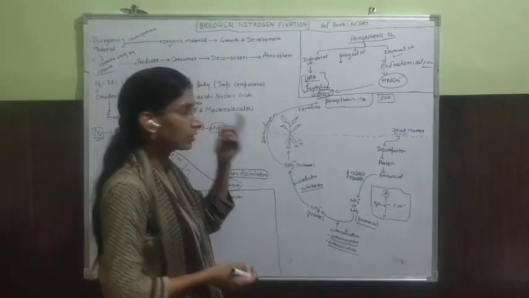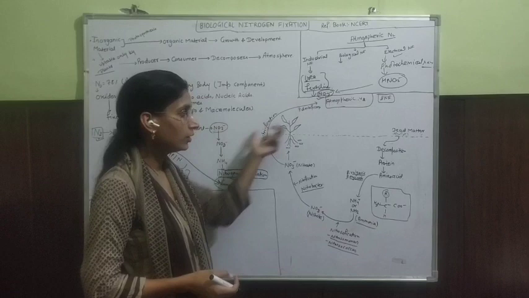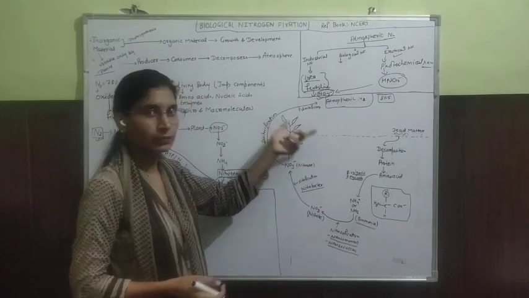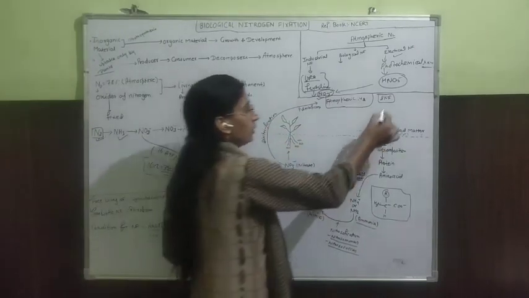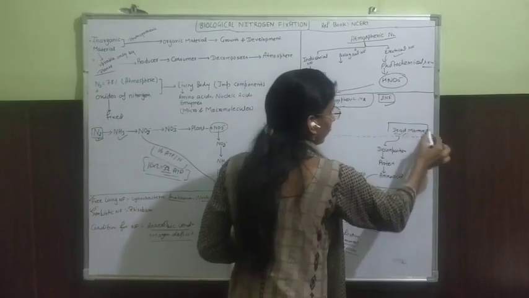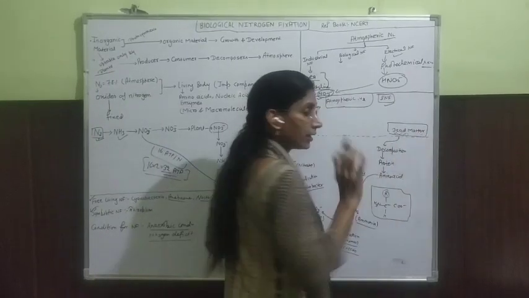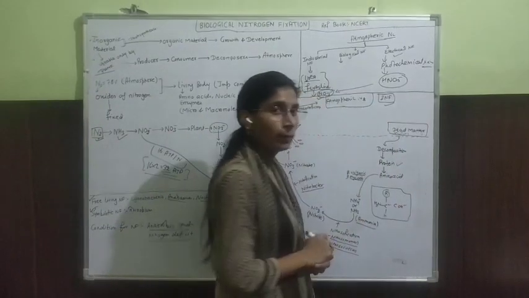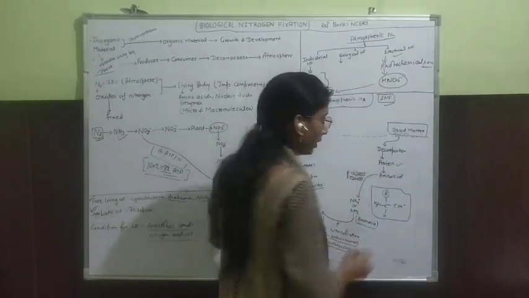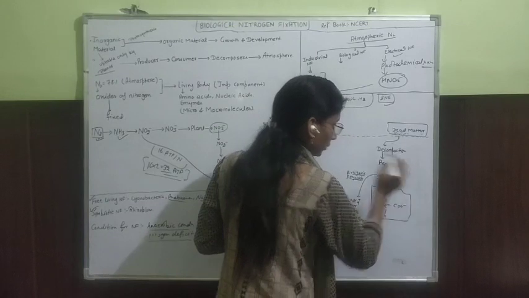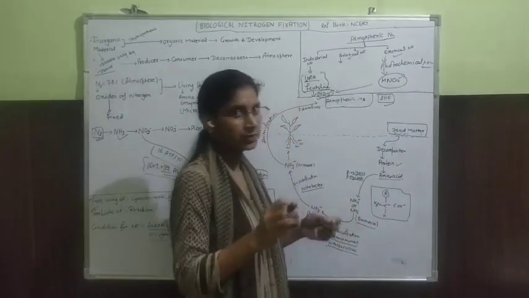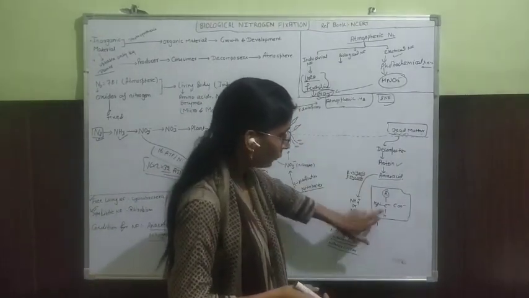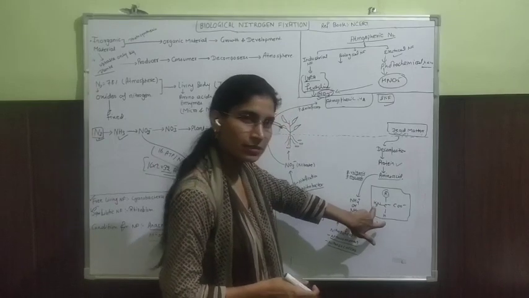So what happens in the nitrogen cycle? Because this whole thing tells about the nitrogen cycle. In the biological nitrogen fixation, the dead organic material is firstly decomposed, and after decomposition it is converted into the macromolecule, that is protein, and protein gets converted into amino acid, because the basic structure of the amino acid, you will see here, is the ammonia.